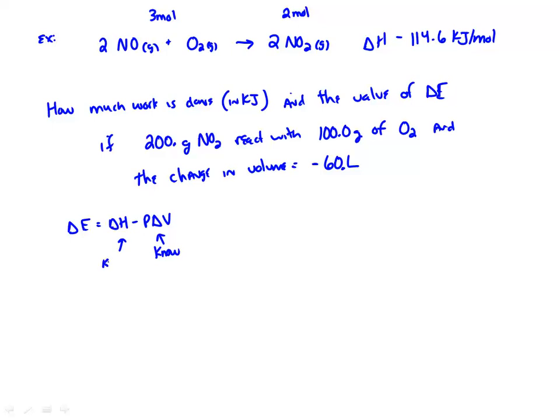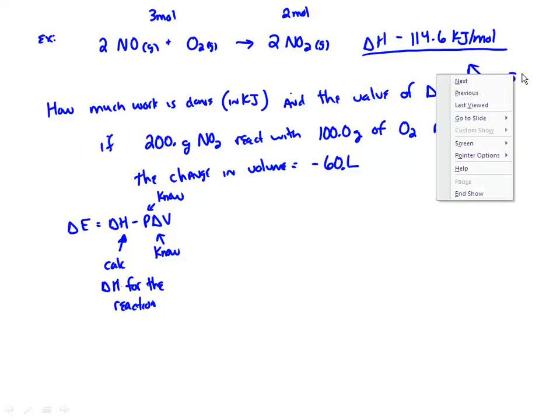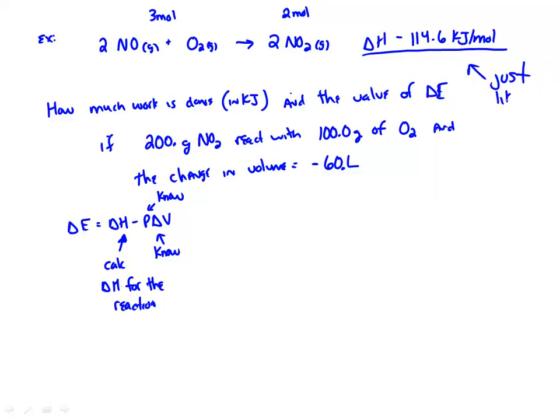We know this. We know this. Actually, I shouldn't say we know that. Technically, we don't. We have to calculate the actual delta H value for the reaction, and this value can be treated just like a reactant or product in a reaction.